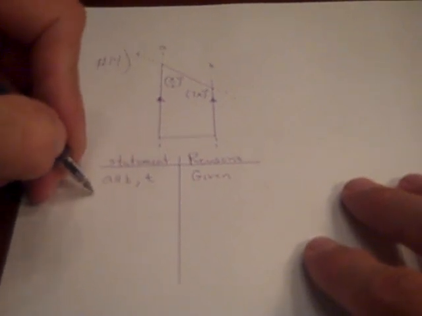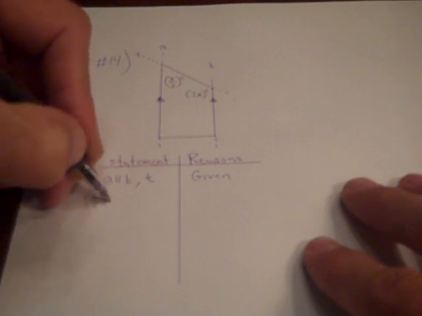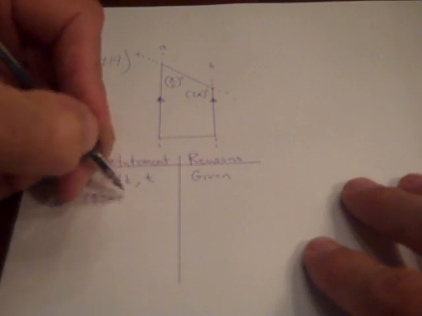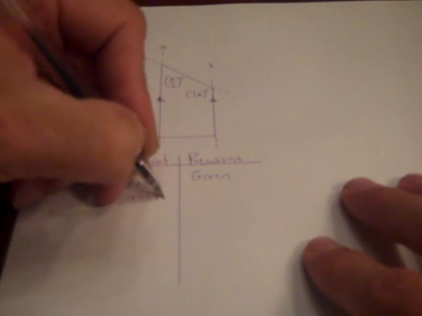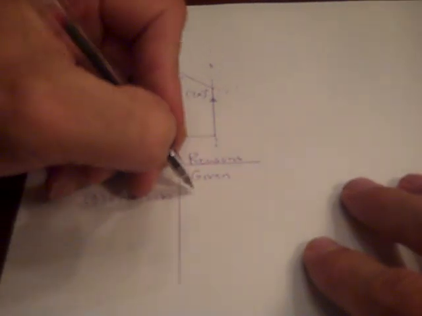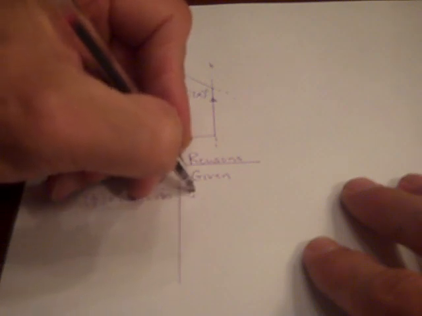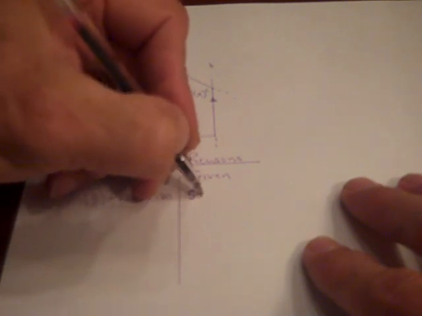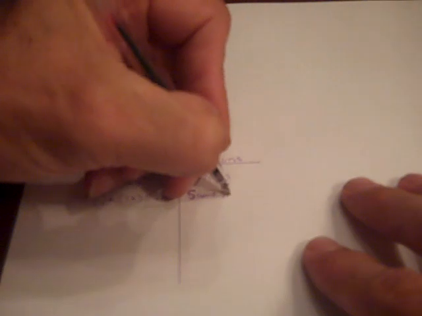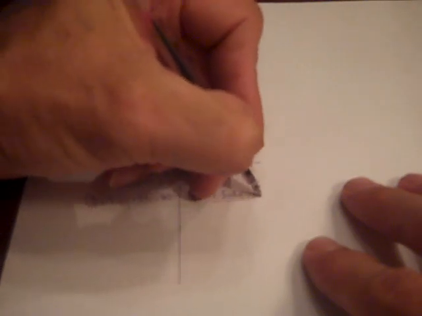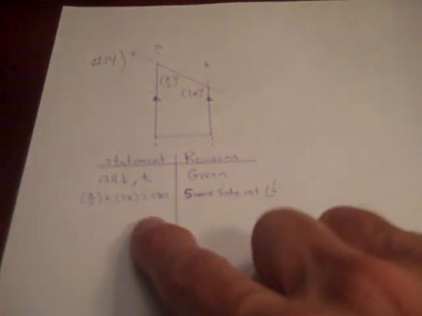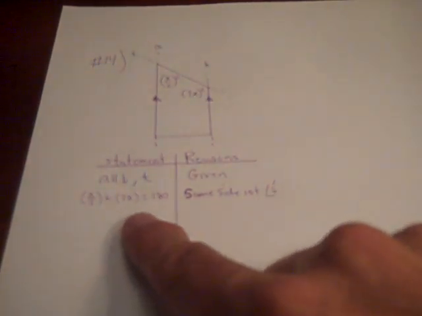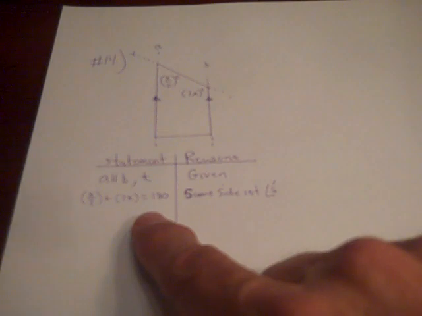So we know that x over 2 plus 7x is equal to 180 degrees because they are the same side interior angles. So I can make that statement that this is in fact true.